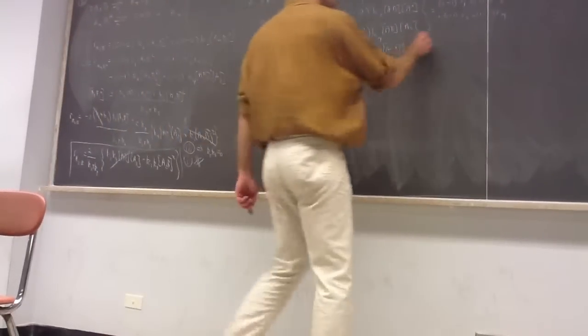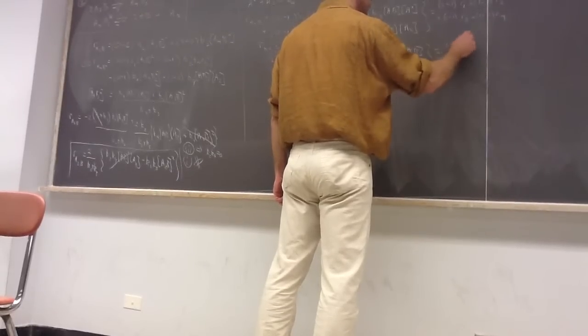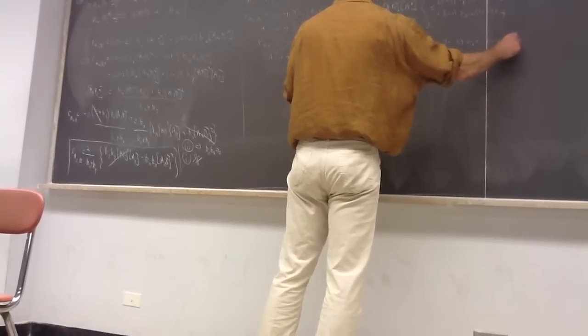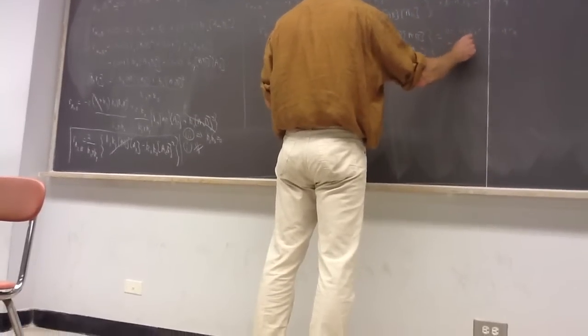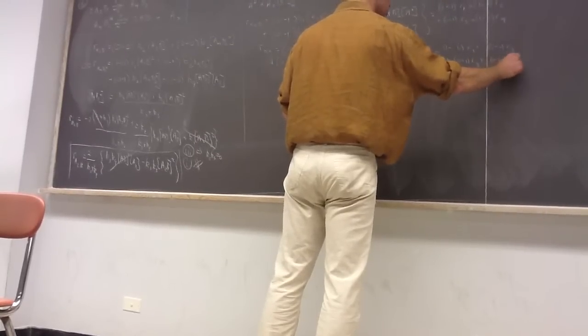And this one is equal to 1 minus 0 rate of reaction 1, plus 0 minus 1 rate of reaction 2, plus 0 minus 1 rate of reaction 3, plus 1 minus 0 rate of reaction 4.